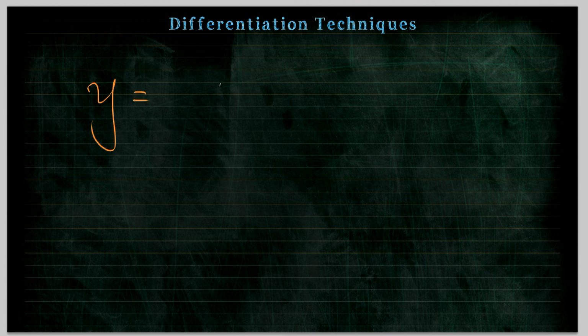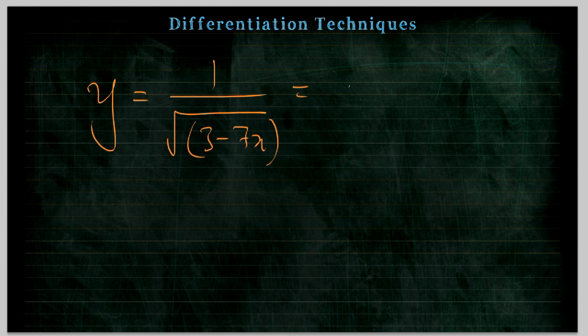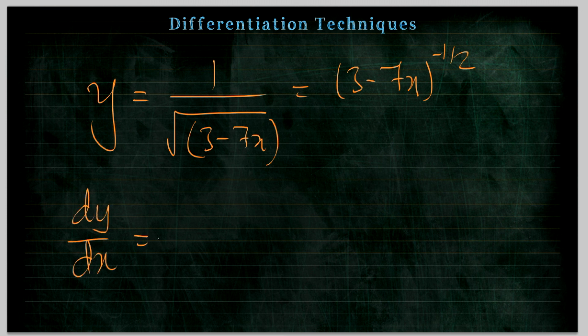If y is equal to 1 over the square root of 3 minus 7x, the first thing I'd do with this is just rewrite it. So I'd rewrite it as 3 minus 7x to the power minus a half, and dy by dx would equal, so look, you multiply by the power, so minus a half, 3 minus 7x, and then take 1 off the power, so minus 3 over 2, and then multiply by the coefficient of x.